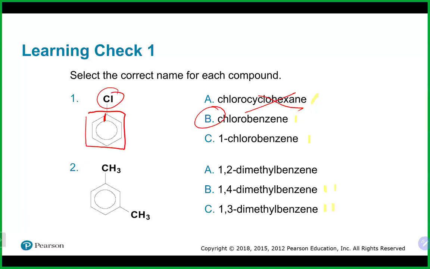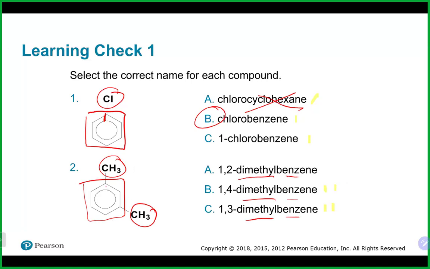Here we really have a toluene, but that's not one of our choices. So we'll go with the older school here. So we still have a benzene ring there. So that keeps all 3 of these in check. We do have one methyl group and two methyl groups, which is a dimethyl, so that's good, right? So now we need to do some numbering. In this case, it really doesn't matter which methyl you start with.